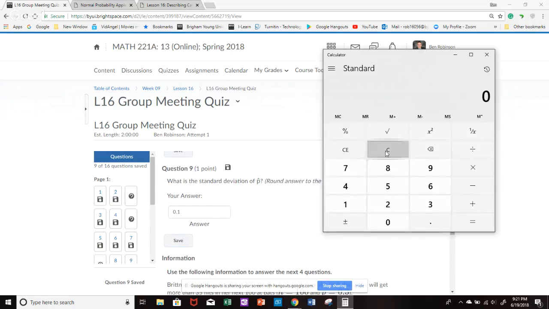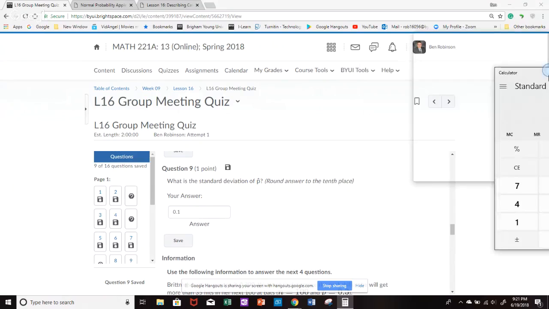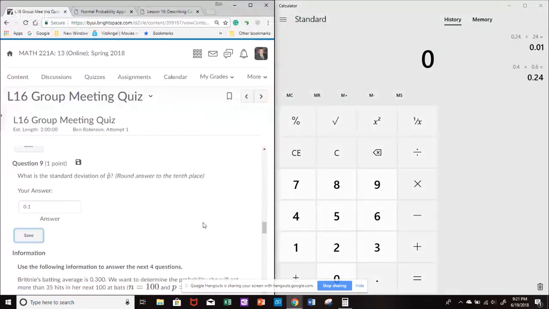Can you please explain to me again question 9? Sure. We're just trying to find the standard deviation of p hat. You find the standard deviation by taking p times 1 minus p over n, and then take the square root.